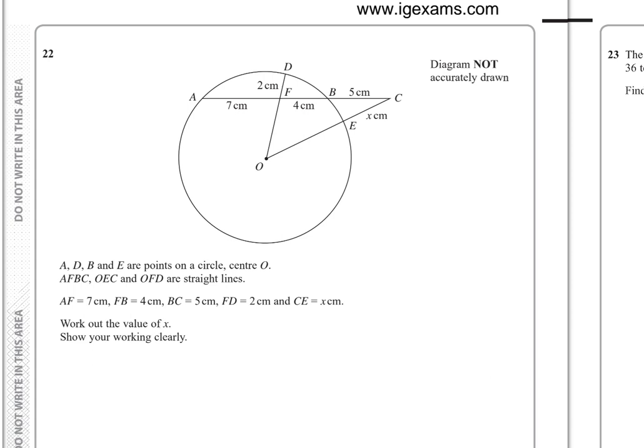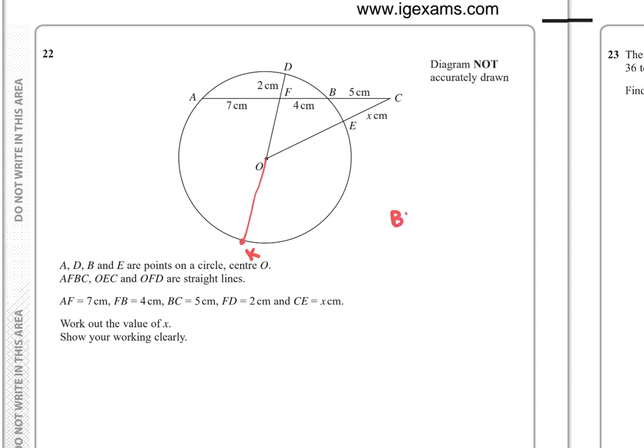Now if we extend this line, we can call this point K. Now we have two chords AB and DK intersect inside the circle. So BF times FA equals DF times FK.